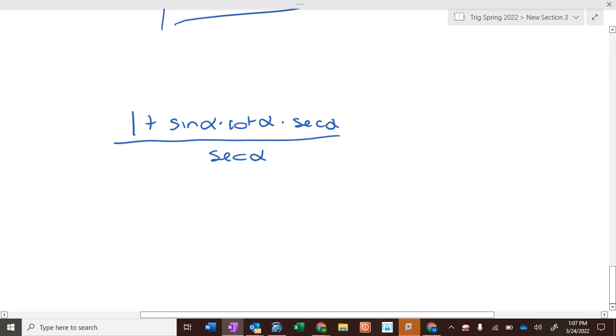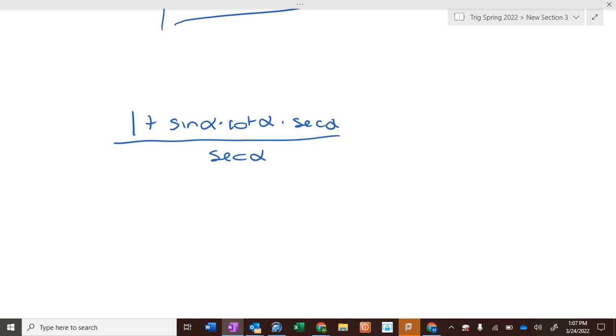So, can we just cancel our secant of alpha on the top with our secant of alpha on the bottom? I wish it would be that easy. If we could just cancel, that would be nice. But you can't do that because there's addition in the numerator. So you can't do that.